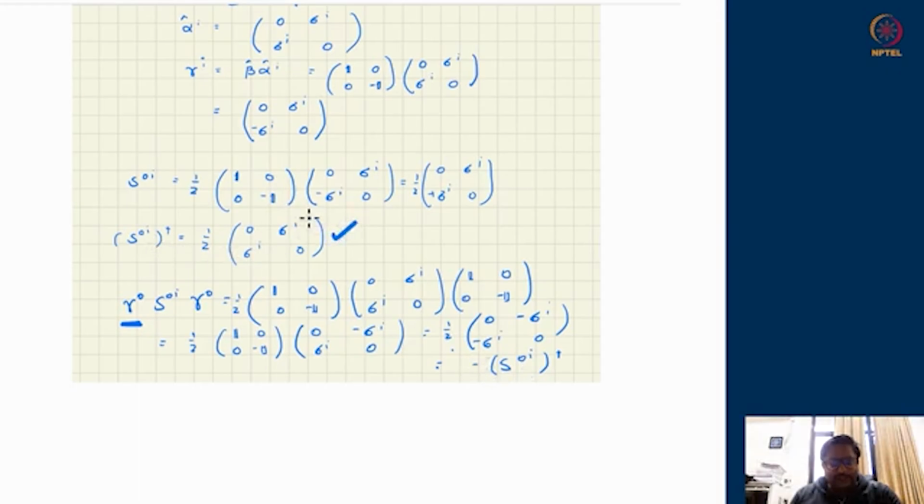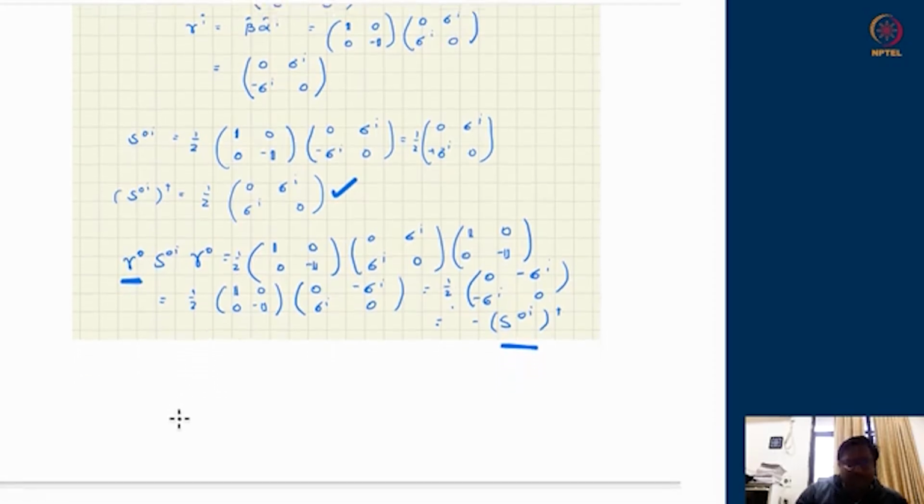The dagger was sigma I, so was S0I itself, but I am writing it in a convenient way because the reason for that will become clear. So if I squeeze S0I with gamma 0, what I get at the end is its dagger with a minus sign. This is for the first three generators of the Lorentz transformation on spinors.